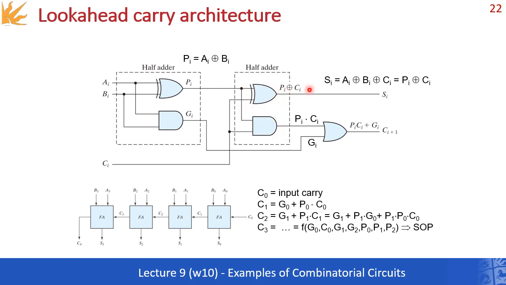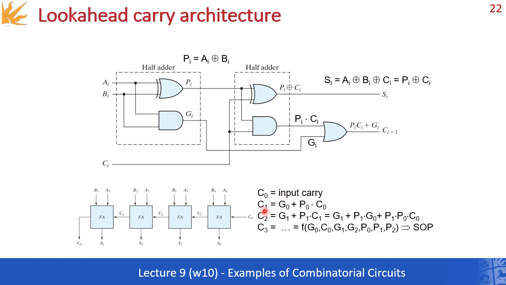This means that the sum Si over here is the result of XORing the bit from the first number and the bit from the second number, and also XORing with the carry in. Now let us see the implications that come out of this. We start from the input carry.